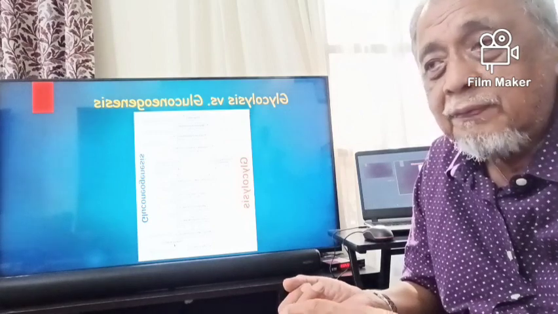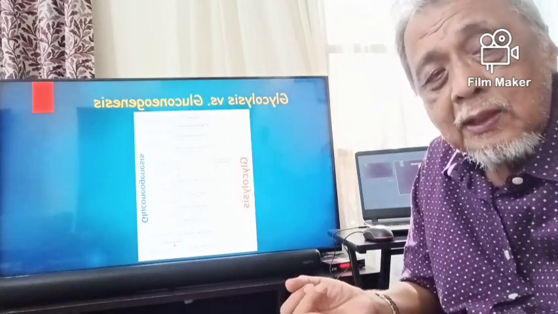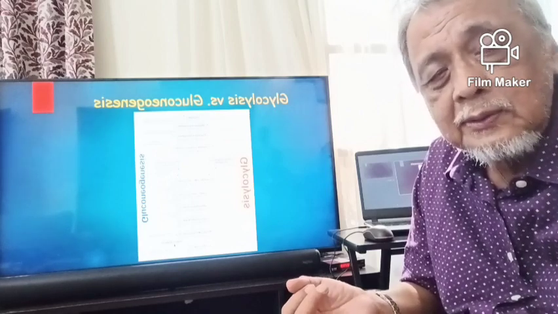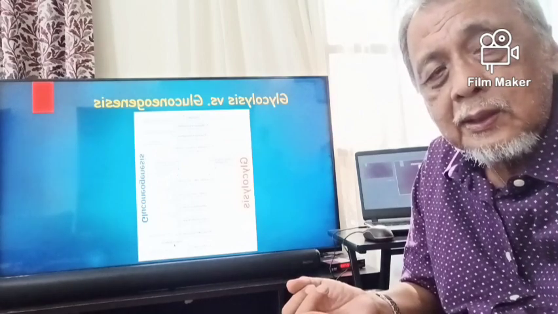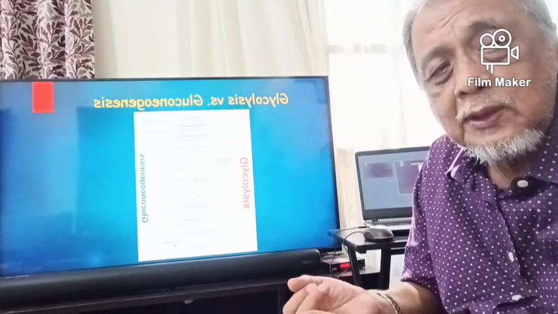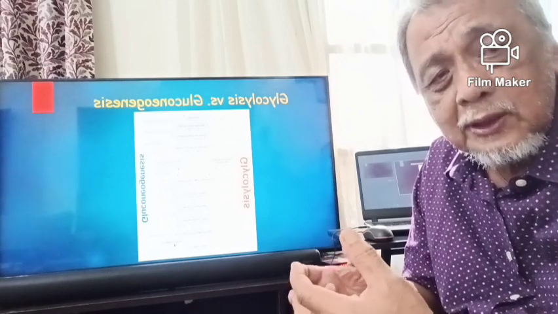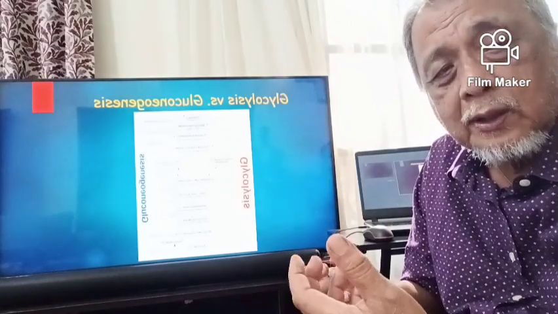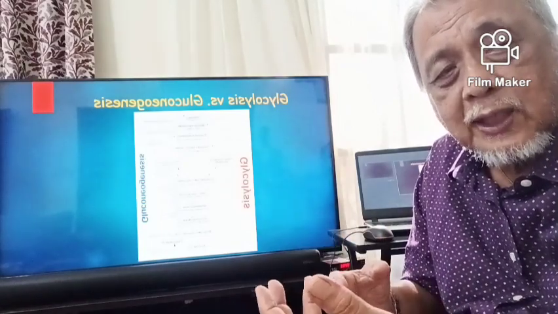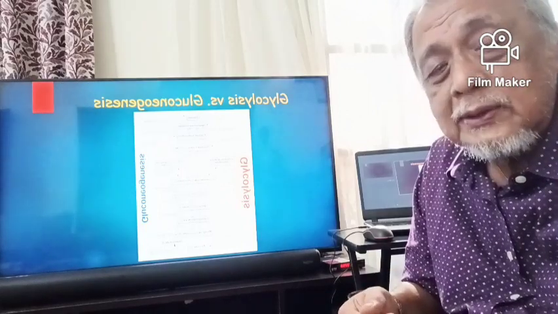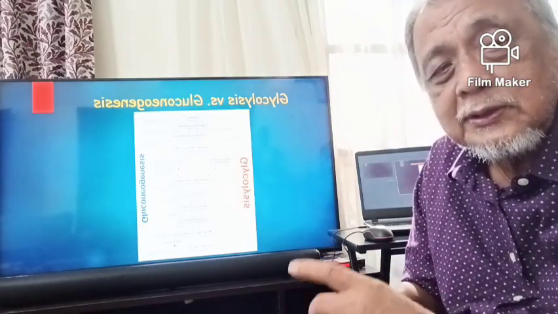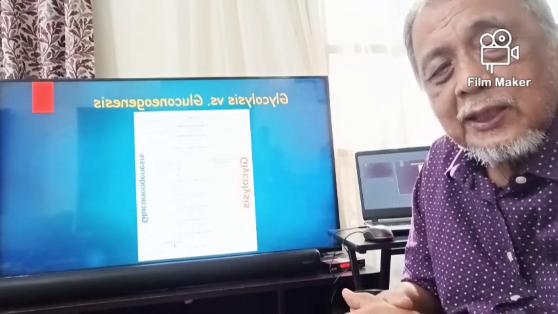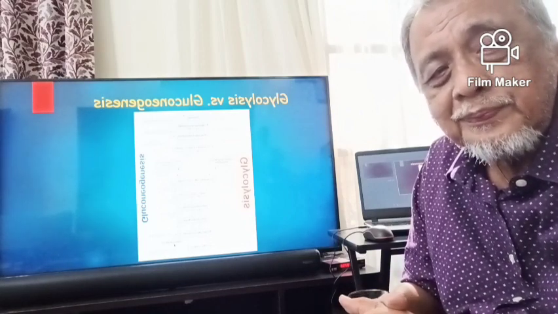And therefore, if there is a need for extra amounts of energy by the body to perform its function, it can also get these sources from the stored either glycogen or the fats.